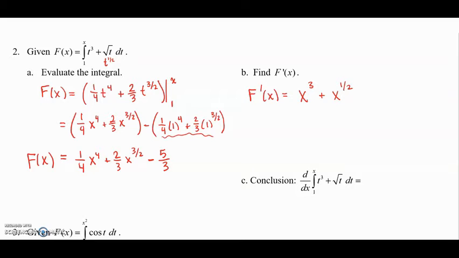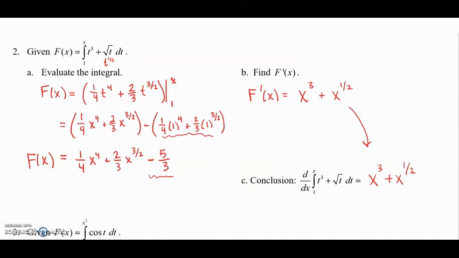I know that's the square root of x. And then the derivative of this constant is always going to be 0. That's an important part here: no matter what number we get there, if we take the derivative, it becomes 0. So what's our conclusion? Apparently the derivative of the integral from 1 to x of this expression is x cubed plus x to the 1/2.